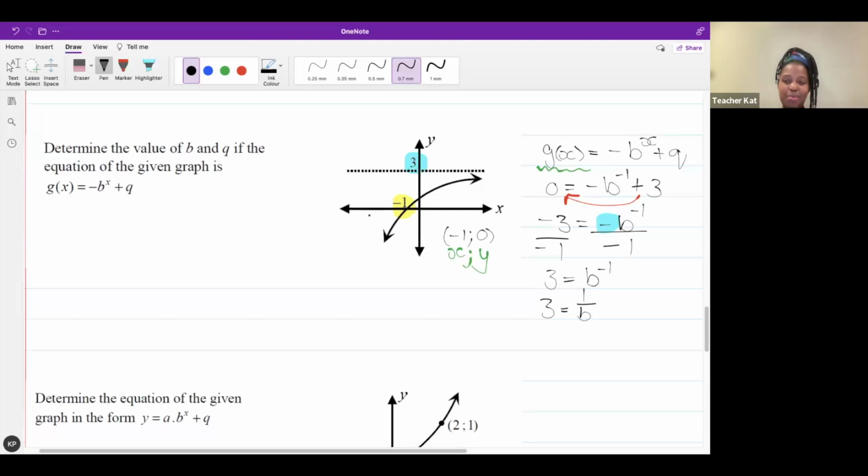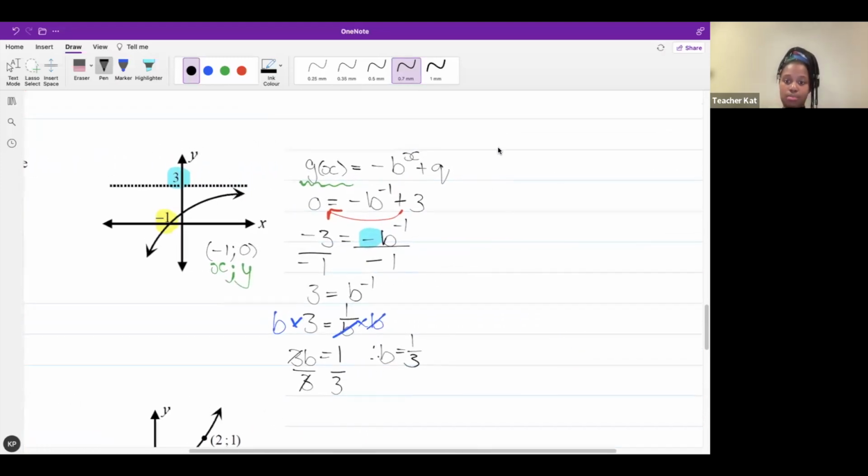You can do that. Yes, that is a good suggestion. I'm just going to times both sides by b. So this one will be gone, and then I'll have 3b is equal to 1. And then I have to get rid of this 3 in front by doing what? This is the same as cross multiplying, by the way. Divide by 3, divide by 3. These ones will cancel. My b is equal to 1 over 3.